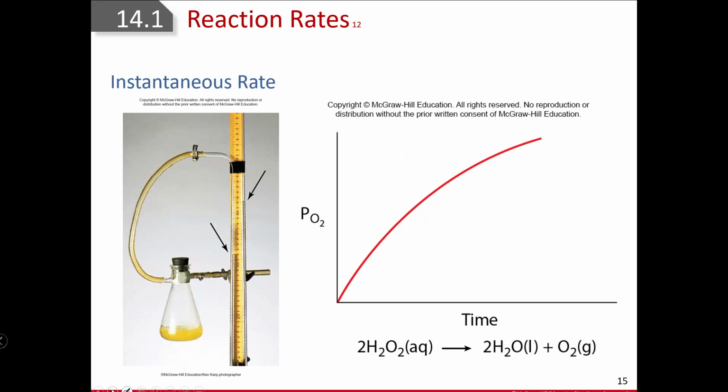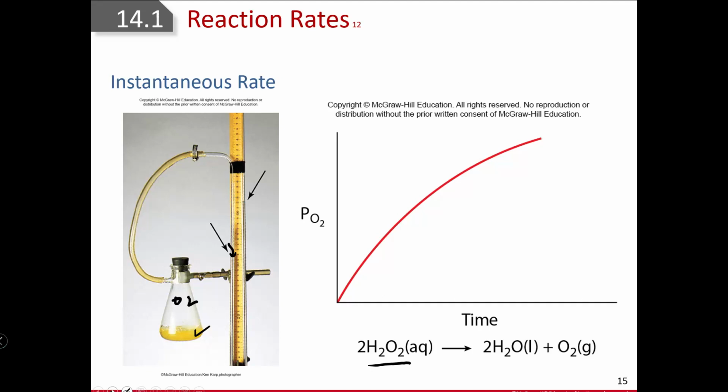And so here's an example. We're using a manometer, and so we mix solution together. Here's our hydrogen peroxide, and they mix it probably with a little bit of catalyst. That's why it's yellow looking. That causes this to happen fairly quickly, and the hydrogen peroxide generates oxygen gas, and the oxygen gas goes through the tube, pushes the mercury down in the manometer, and we can measure the distance between the mercury, and that will give us what the pressure is.